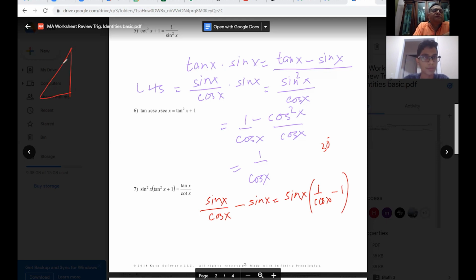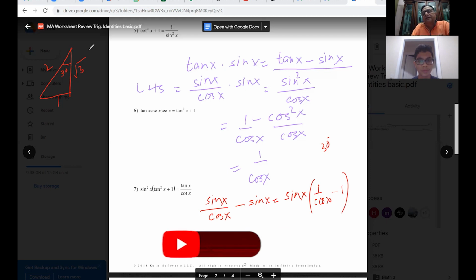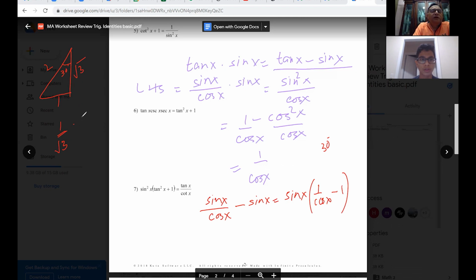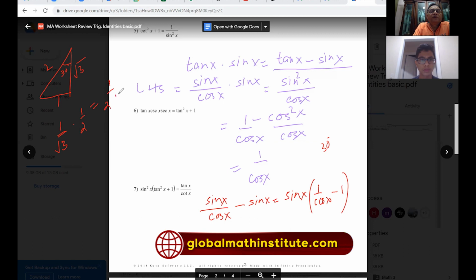Let's verify whether it's an identity or not. So tan of 30 degrees will be 1 over square root 3, right? And sine of 30 degrees will be half.